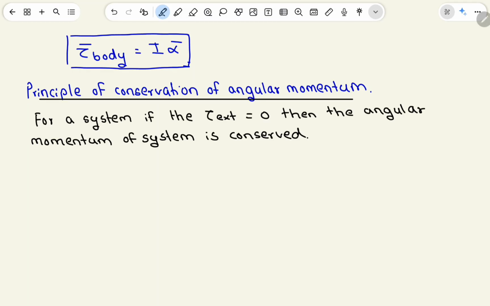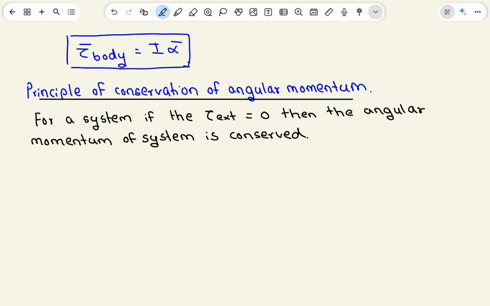I've written the statement of the principle of conservation of angular momentum, and it states that for a system, if the external torque acting on the system is 0, then the angular momentum of the system is conserved.